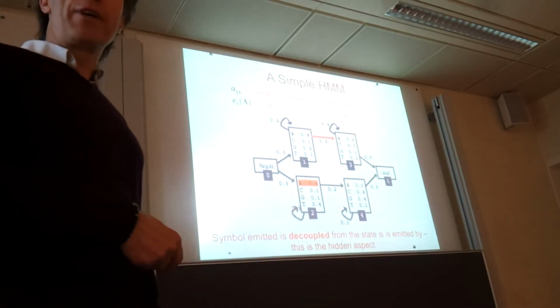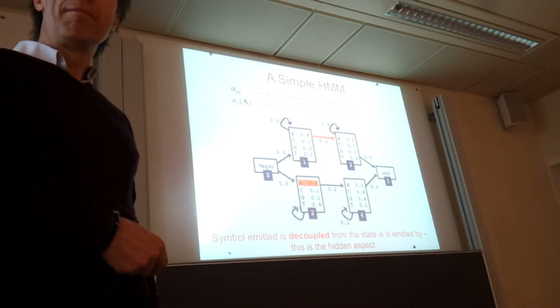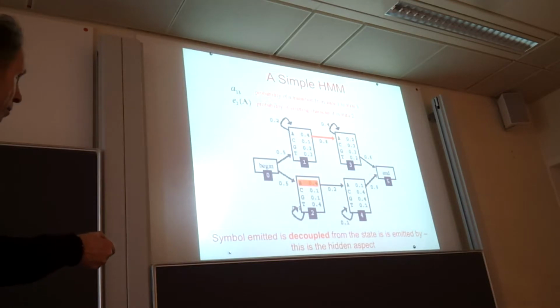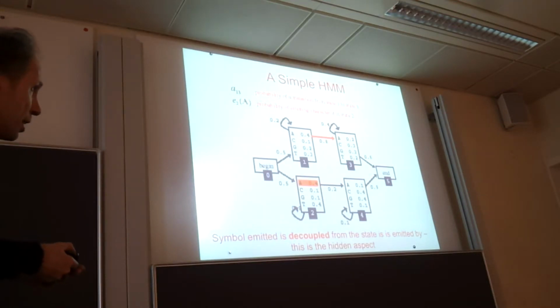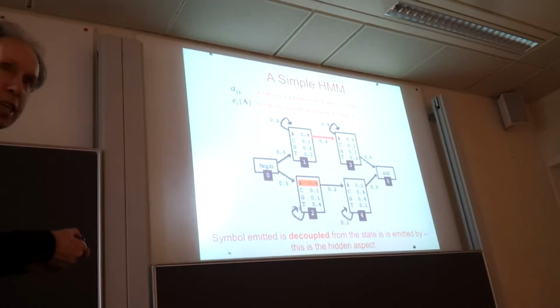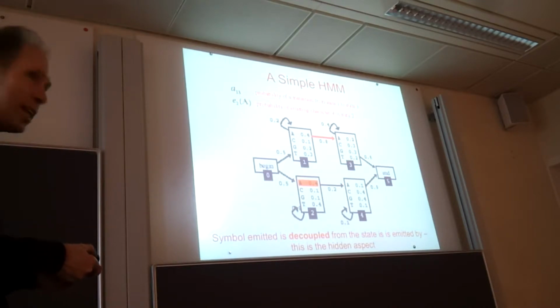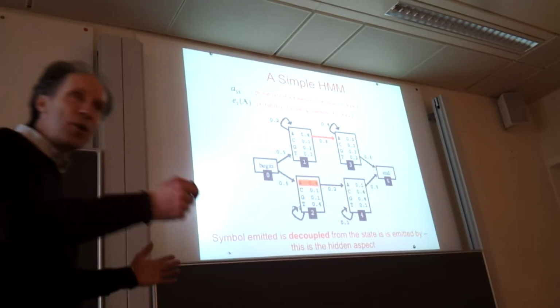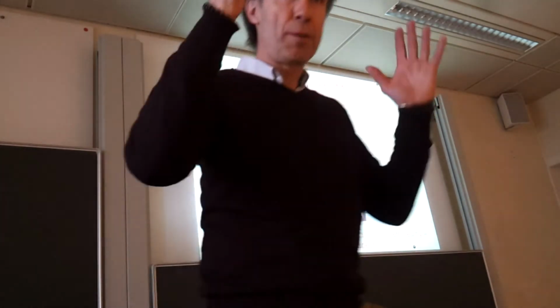I see an A in the sequence. Where am I? Could be there. Yeah, could be there. You could even say, well, it's more likely that you're here with an A than here. Why am I saying that? Because this is 0.4, that's 0.1. But you're not sure. You don't know. The word hidden comes from this. Okay?